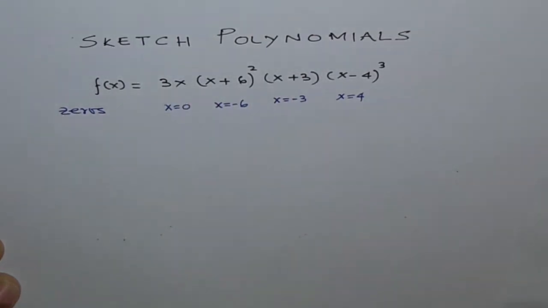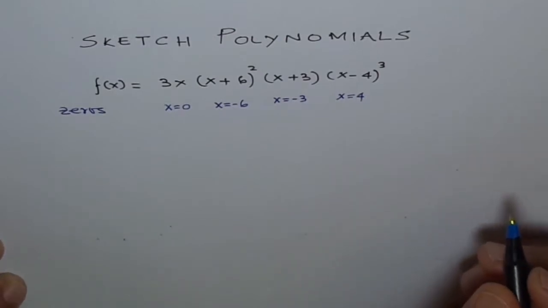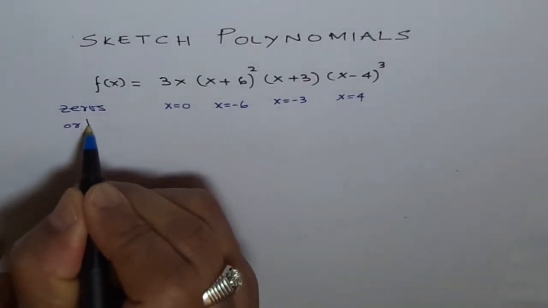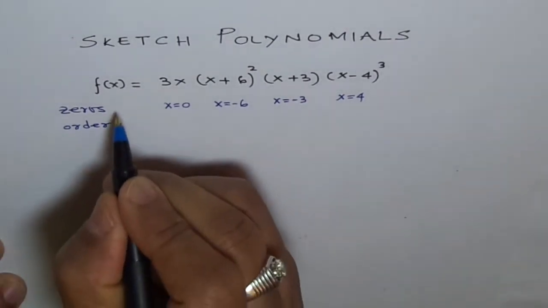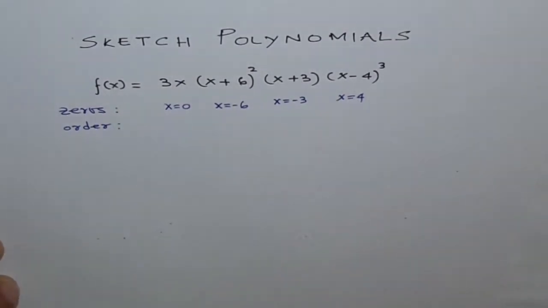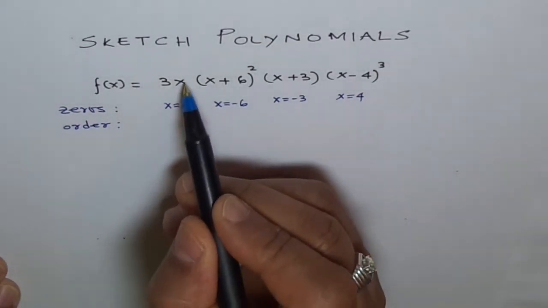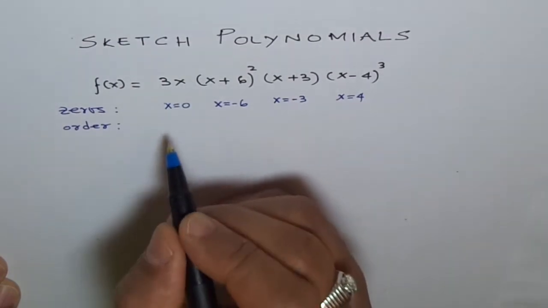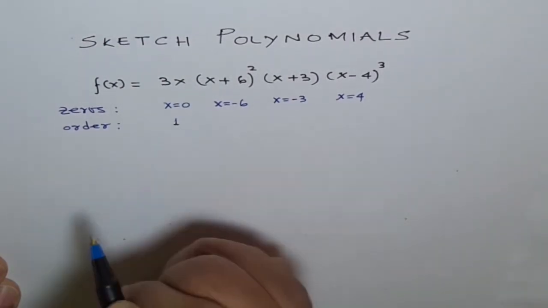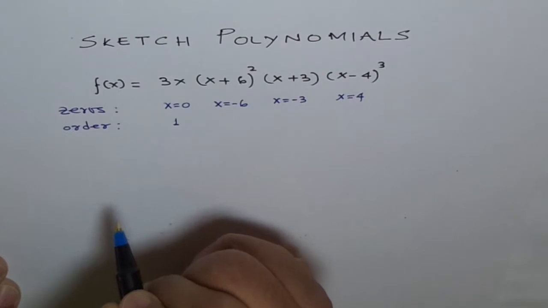Now let's try to find out what is the order of these zeros. Order, as we also said, is called multiplicity. So each zero's degree will give us the order. Here the power of this factor is x to the power of 1, so the order is 1.